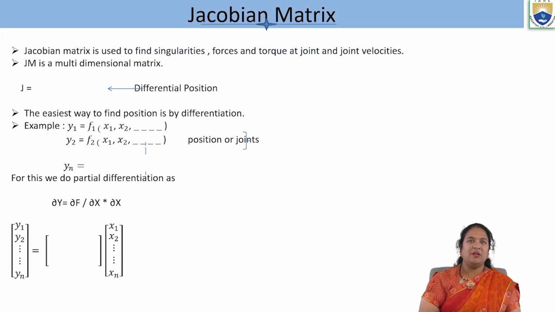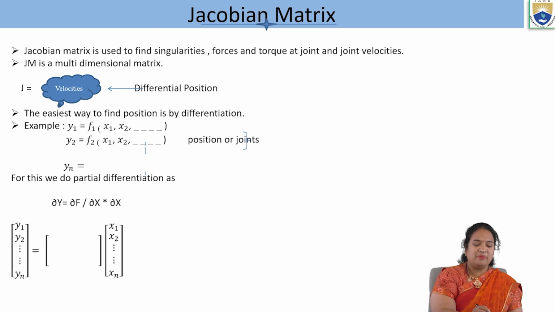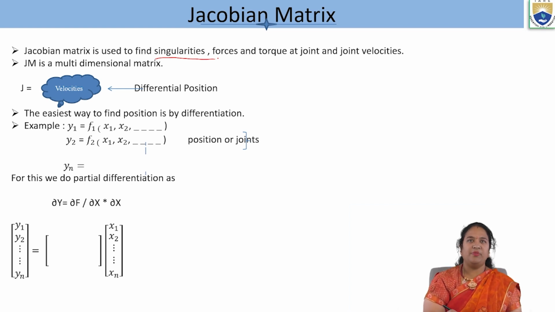Now, when we come across the Jacobian matrices, we will be finding out the singularities. Right? The Jacobian matrix is used to find the singularities as well as the torque and force of the end effector.